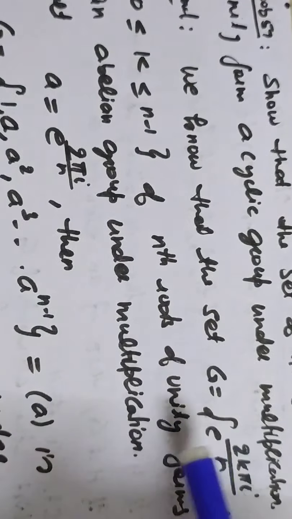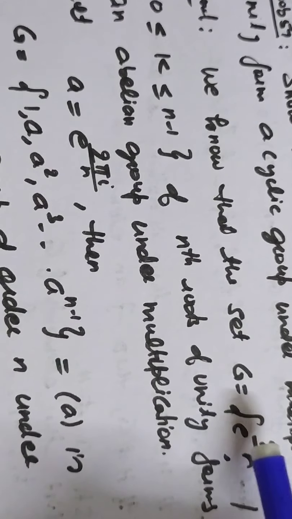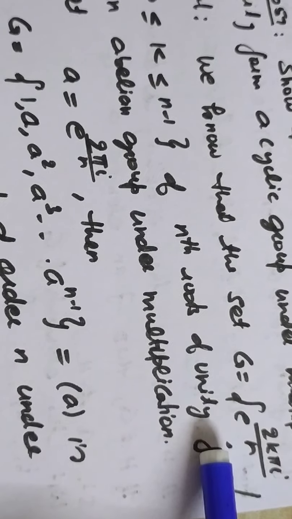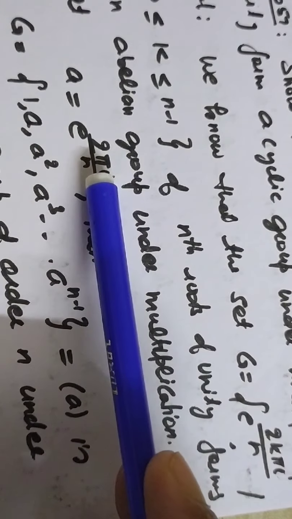This is the set of nth roots of unity, and it forms an abelian group under multiplication. Now I will show that this whole group is generated by a single element, e raised to 2 pi iota over n. So you take a equal to e raised to 2 pi iota over n.